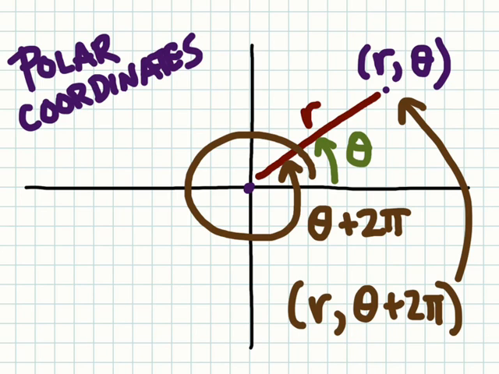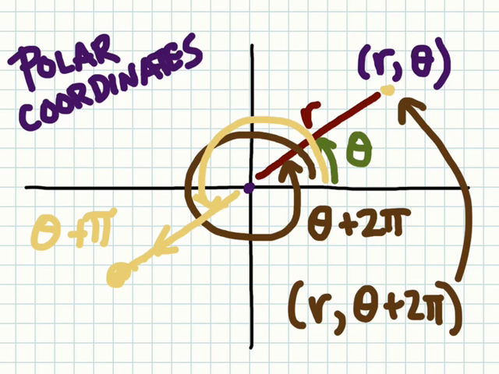It gets even more interesting, however. We could go all the way around here to a direction that's just opposite of the direction previously. That angle would be theta plus pi. And if we went r units in that direction, well, we wouldn't be in the right place. So what we can do is go negative r units in that direction, which is to say march backwards, and we get here.